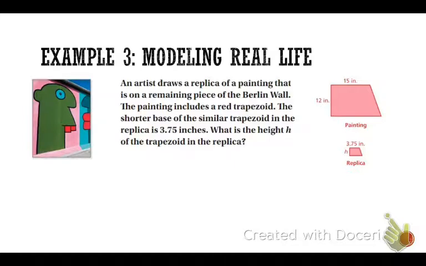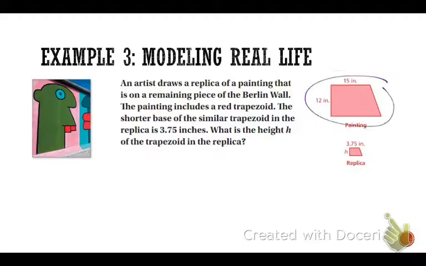So we're trying to find an unknown dimension, but we know the figures are similar, which means their ratios have to be the same. Guys, there are a lot of different ways you can set up a proportion, as long as you compare the same thing on both sides. I remember that from our rates. I know it's been a couple of chapters.